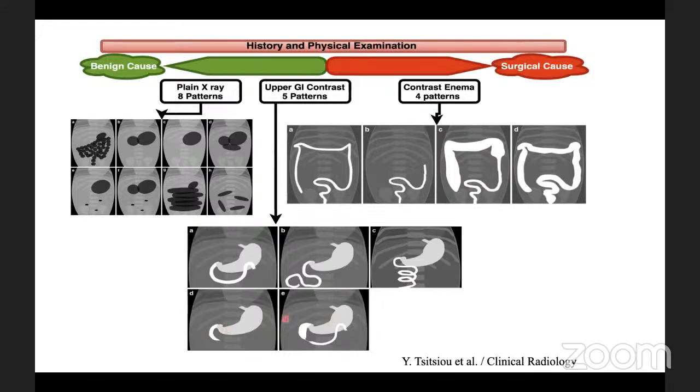And the further 2 are where there is a blind end of the duodenum, or there is a small fibrous cord. 4 patterns need to be understood when a contrast enema is done to look at the whole large bowel and to see whether it is tapered at the splenic end, or there is a transition zone, or the whole colon is a microcolon. So we'll go through each pattern individually now.